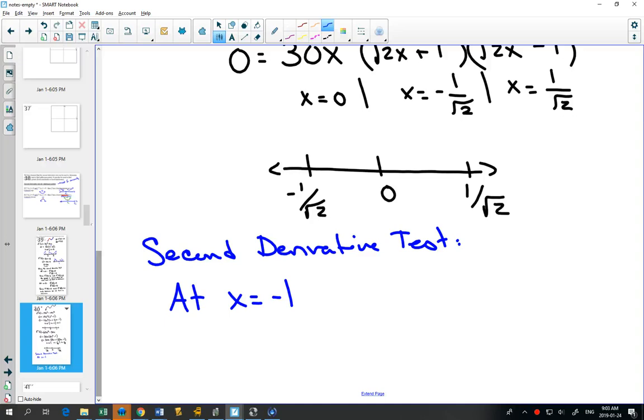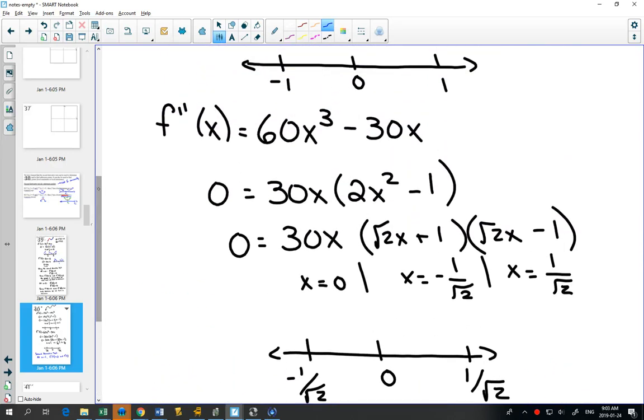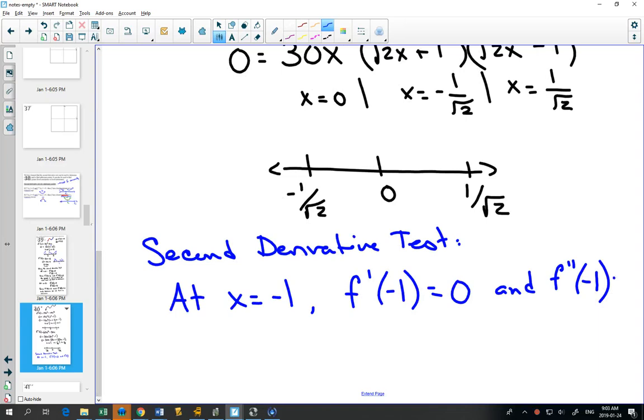Okay, at x equals -1, we know that f prime at -1 is equal to 0, and f double prime at -1 is, so now we're going to have to plug in -1 into our second derivative. We would get -60 plus 30, which would be -30.